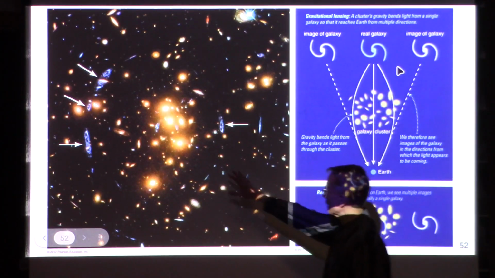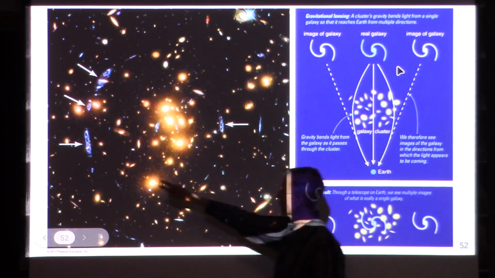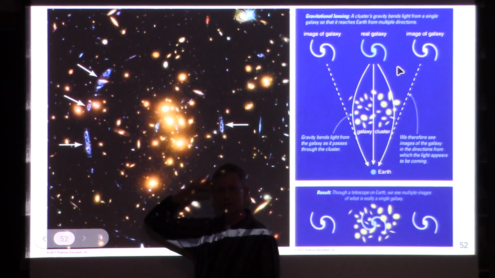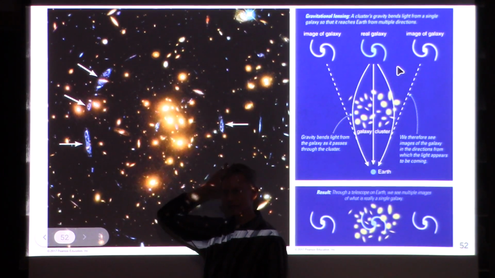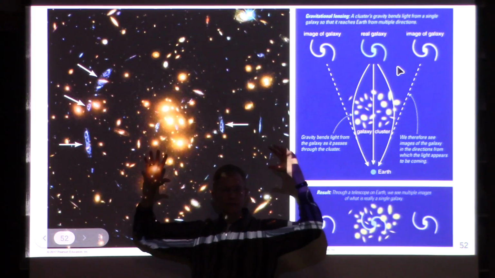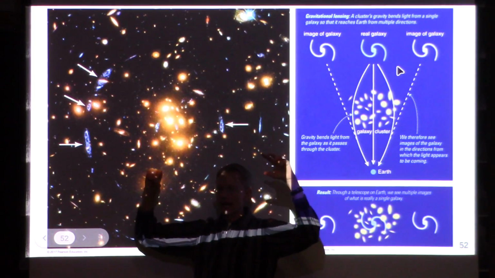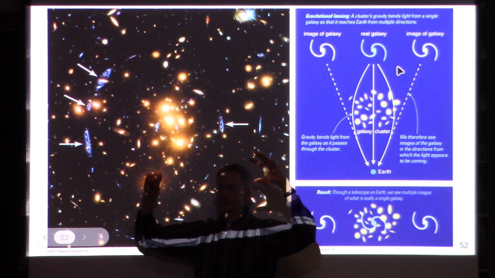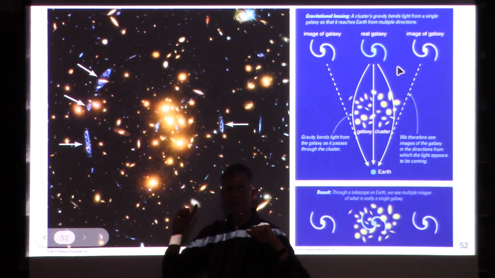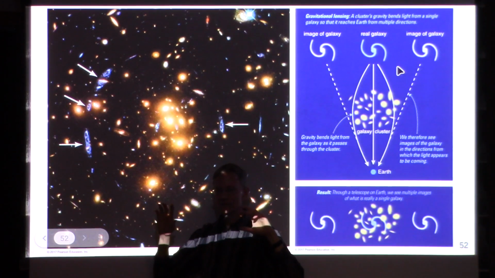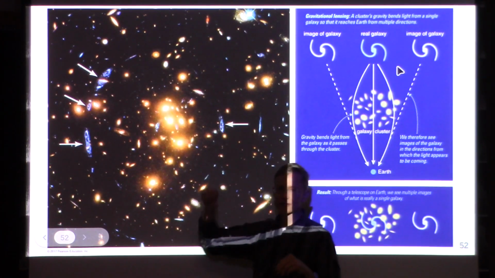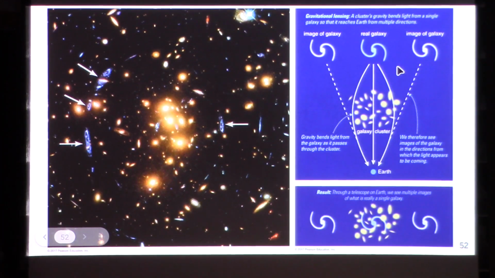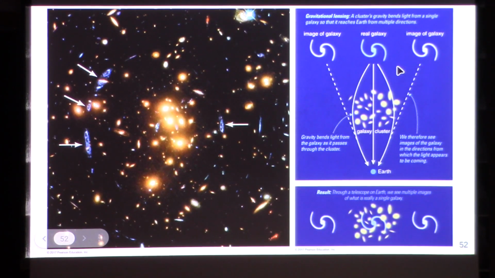Here is a galaxy cluster, and these blue thingies here are all images of exactly the same galaxy far in the background that are due to gravitational lensing by the gravitational curvature of space of the foreground cluster of galaxies. And you can calculate how much gravitational curvature is needed to produce this pattern of multiple images, and the result is consistent with there being way more dark matter than what you can account for by just adding up how much light is coming from all the galaxies and estimating how much mass there is in stars and gas and dust in those galaxies.